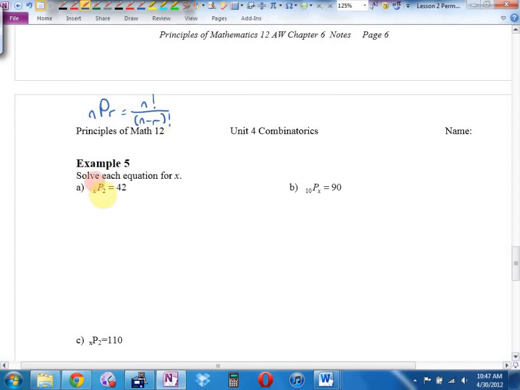So when they say xP2, Tyson, what's sitting where the n is? What's sitting where the r is? So I can rewrite this as x factorial all over x minus 2 factorial equals 42. You could do that.